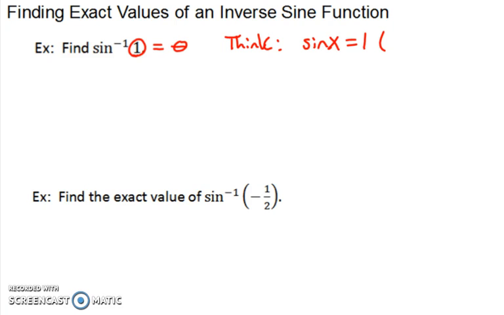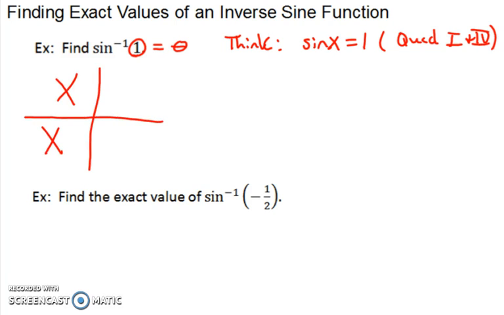But we're restricting it only to quadrants 1 and 4. Remember we said it can only be between negative pi over 2 and positive pi over 2. So we can't look here and we can't look here. We're only in the first quadrant and the fourth quadrant.